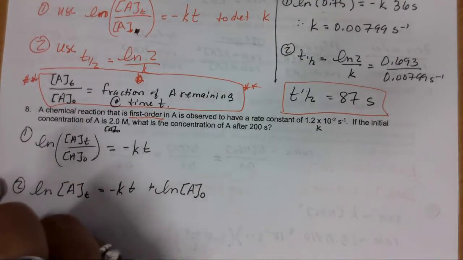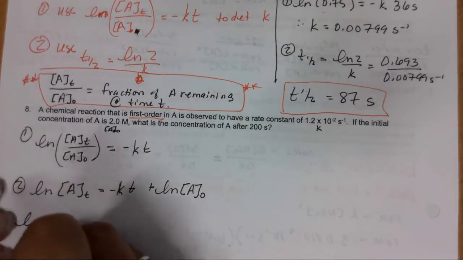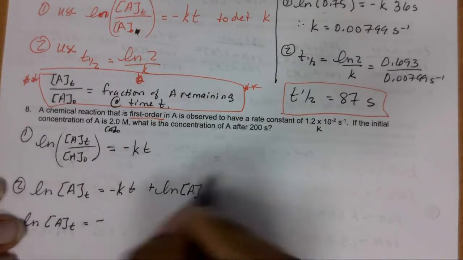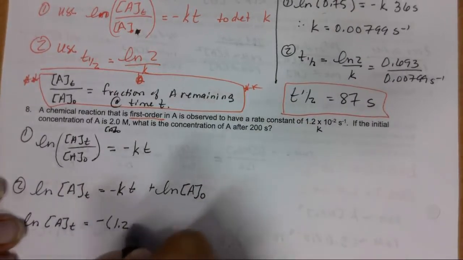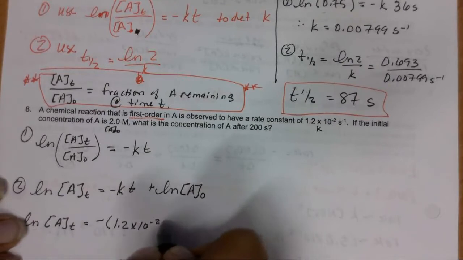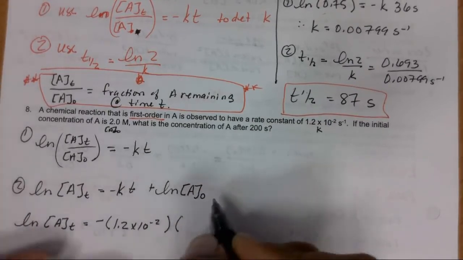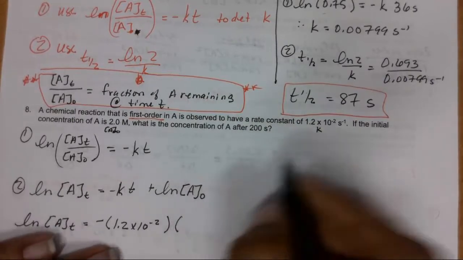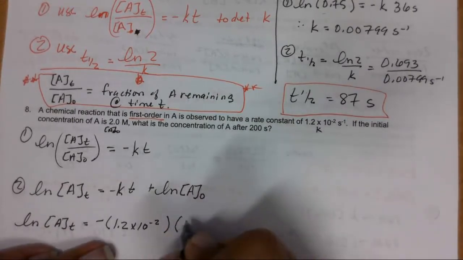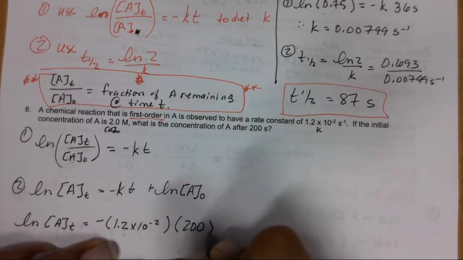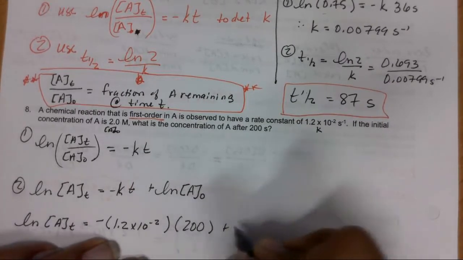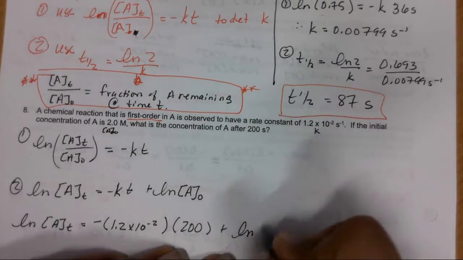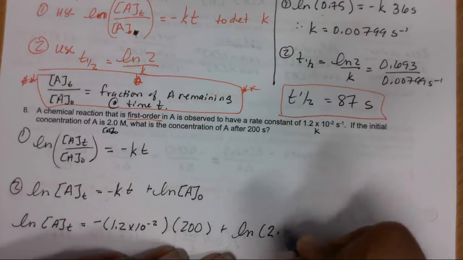So we can just say that the natural log of the concentration of A at time t is equal to negative k, which was 1.2 times 10 to the negative 2. As long as your units are right, you don't have to worry about canceling everything out, but you have to know what your SI units are supposed to be. We multiply that times 200 seconds, plus the natural log of 2.